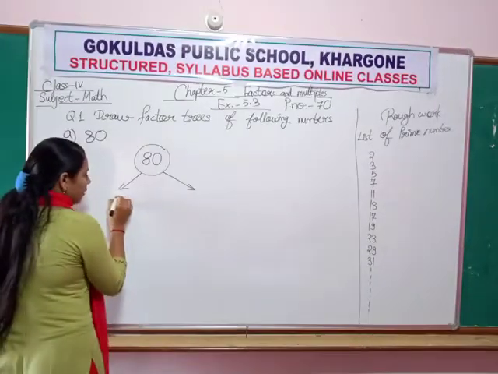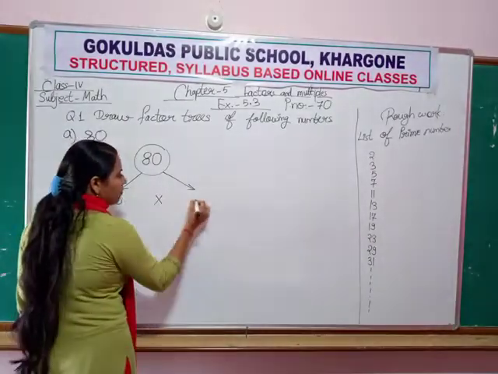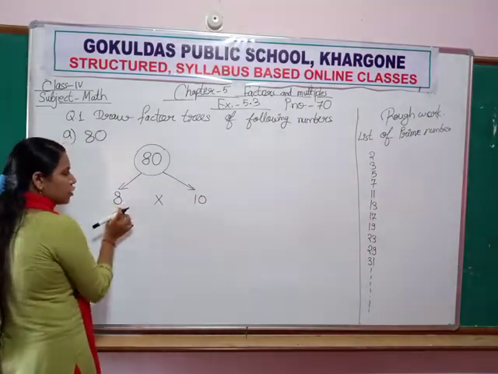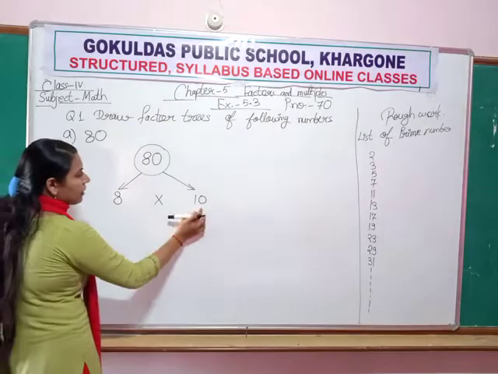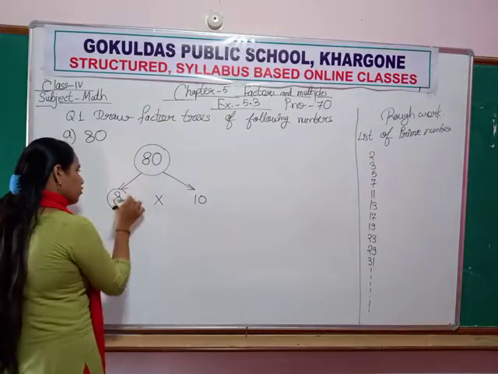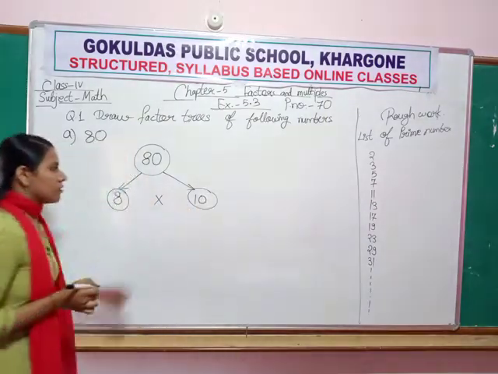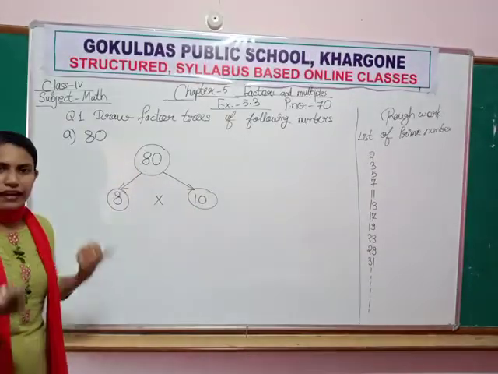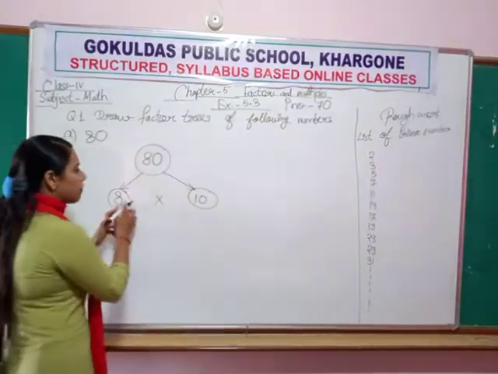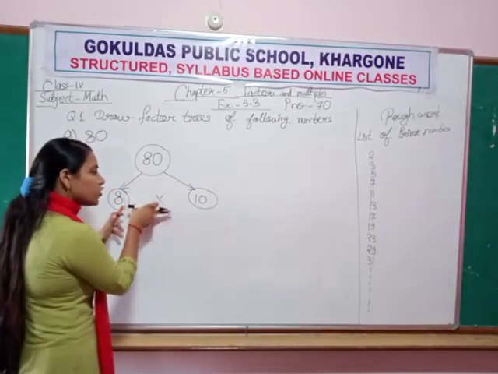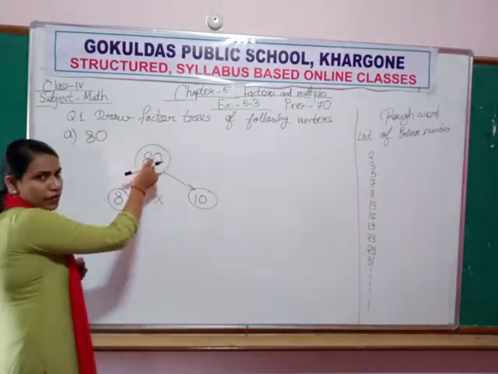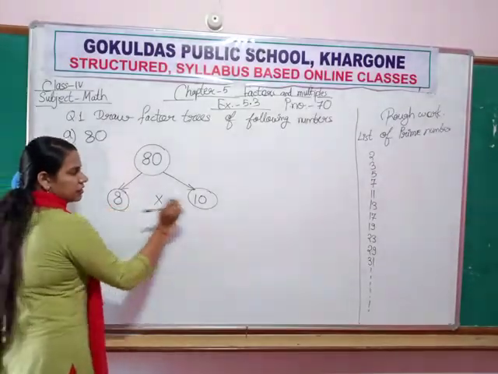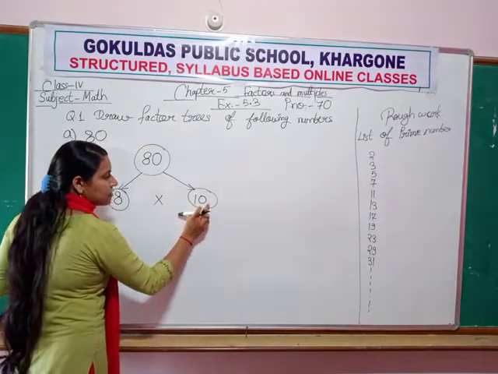So if I take the number 8 multiplied by 10, 8 tens are 80. So I have chosen one number 8 and the other is 10. You need to choose a pair of numbers whose product gives you 80. Now your new numbers are 8 and 10.